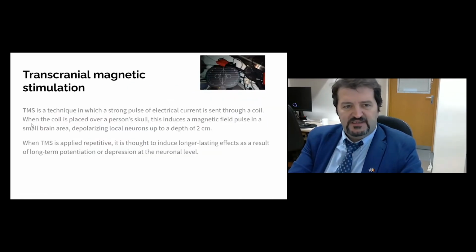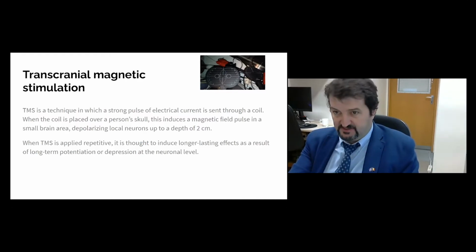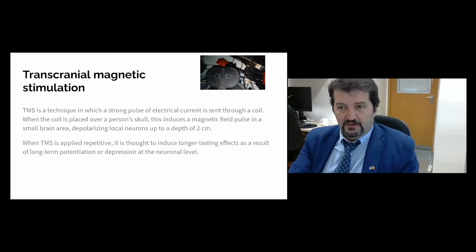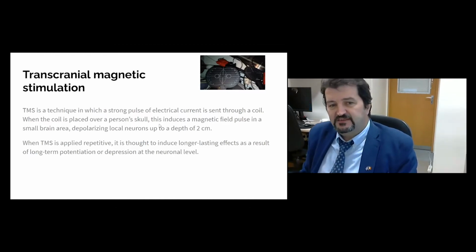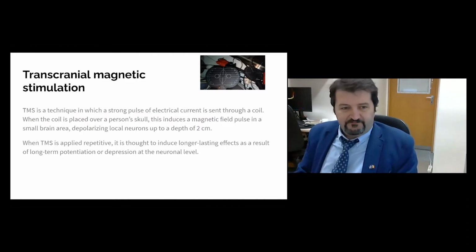So what is TMS? TMS is a technique in which a strong pulse of electrical current is sent through a coil to the person's skull, and this induces a magnetic field to a small brain area, depolarizing local neurons up to a depth of 2 centimeters only.